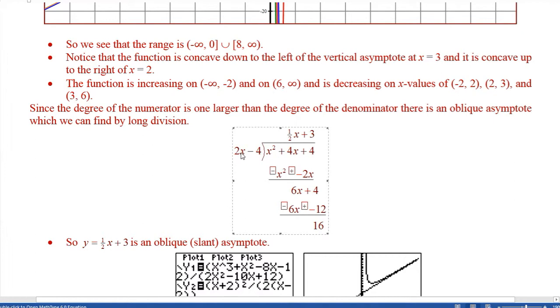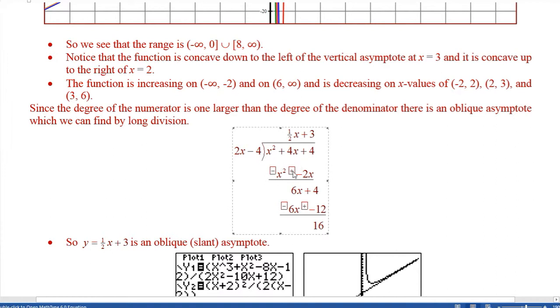X squared divided by 2x is 1/2 x. 1/2 x times 2x is the same thing we had here, x squared. 1/2 x times negative 4 is negative 2x. Then change the signs, which I have here in boxes, and use the changed signs to add, which will make sure that these cancel out. So you have to put the right coefficient, even if it involves fractions, so that you get this to cancel out completely.